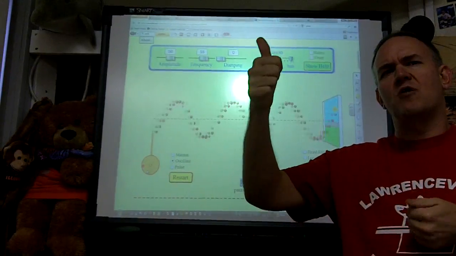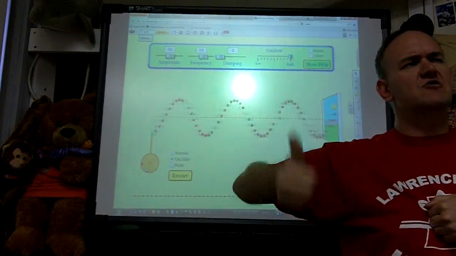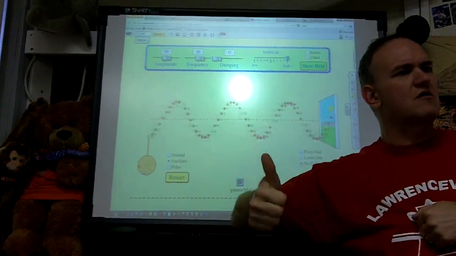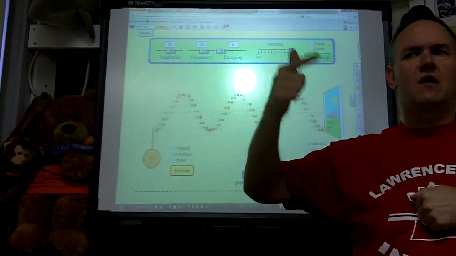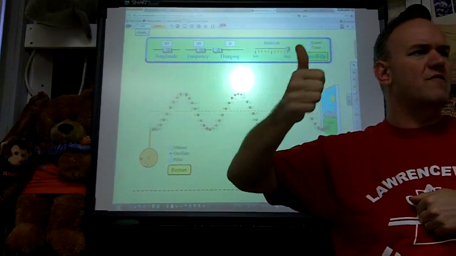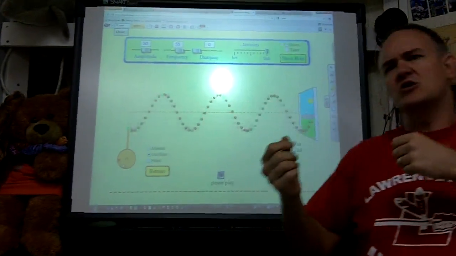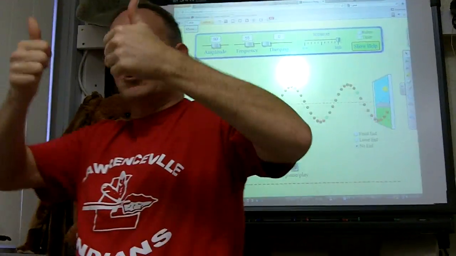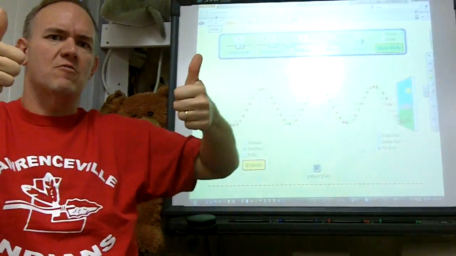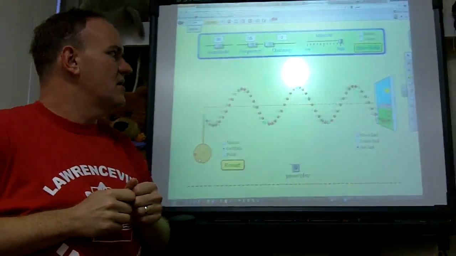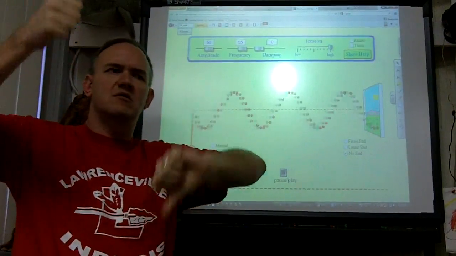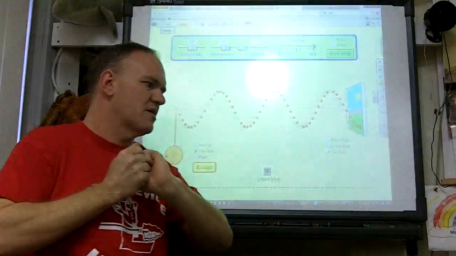When the energy goes up, what happens to the wavelength? If the energy goes up, then the frequency goes up. And so what happens to the wavelength then? It goes down. So we have energy and frequency are directly related. They move together. One goes up, the other goes up. But energy and wavelength are inversely related.